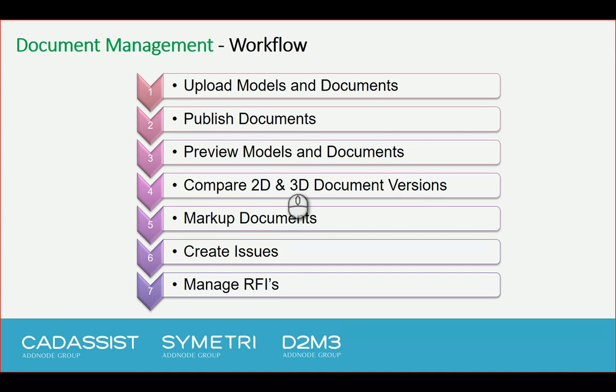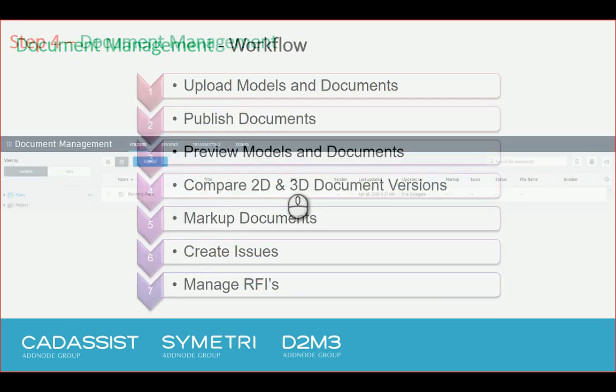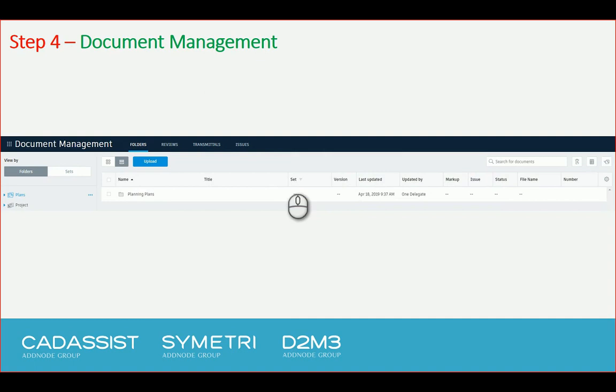So this is where you can create issues, and it's a thorough kind of documentation process within document management. And then we'll finalize by looking at being able to manage your request for information in a much smoother transaction as well. So in terms of document management, this is what the ribbon looks like.